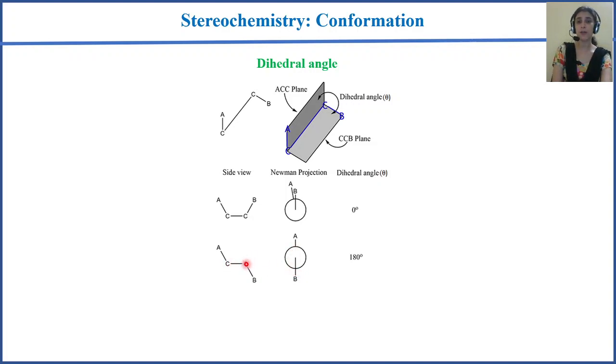this is the front carbon, this is the back carbon, this is the front carbon, and there is another carbon which is the back carbon in Newman projection formula, and with that there is a CA bond. Now this is a CA bond, CA, CB. Now the dihedral angle between the plane containing the CA bond and the plane containing the CB bond is 180 degree.